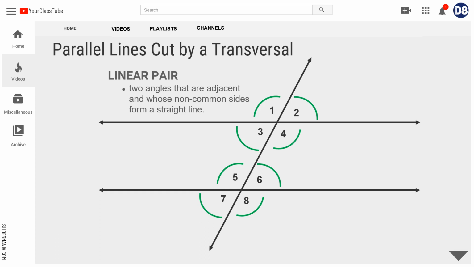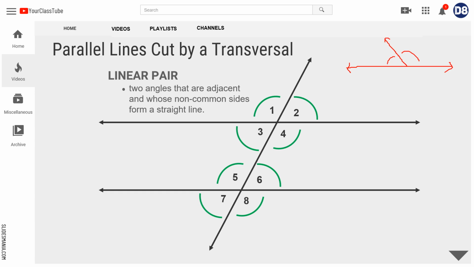What we usually look for in a linear pair is the line. We look for a line, and then next we check if there are angles formed. Because two angles are formed in this figure, this is a linear pair.